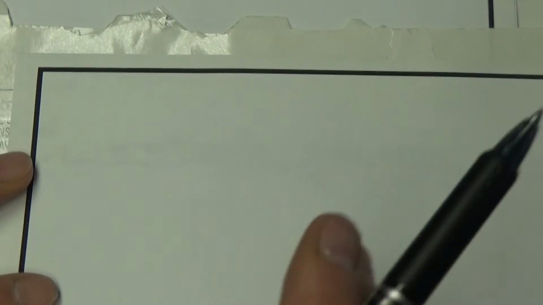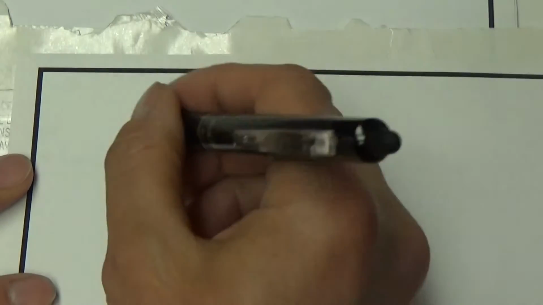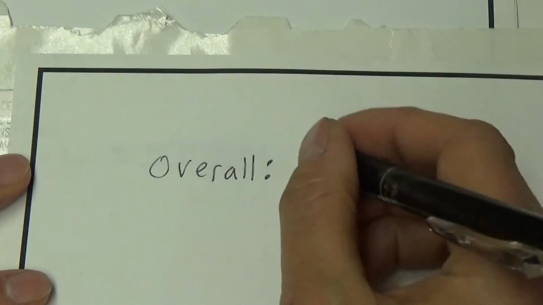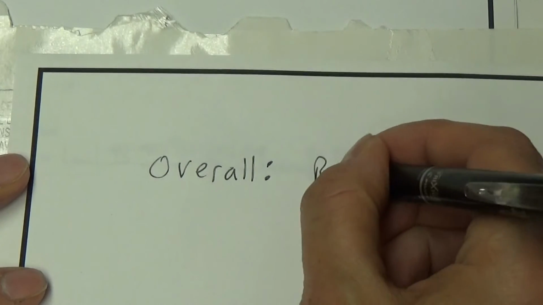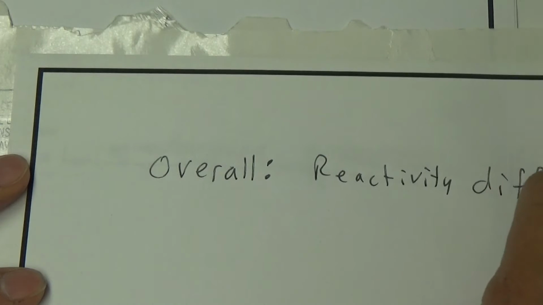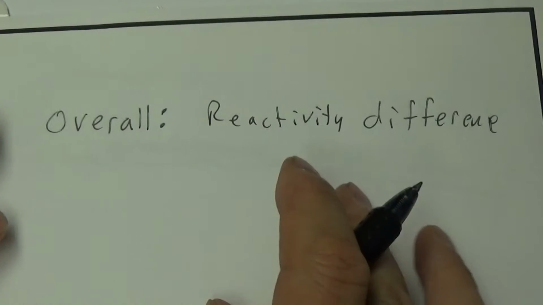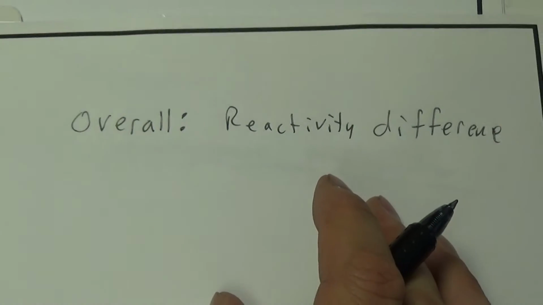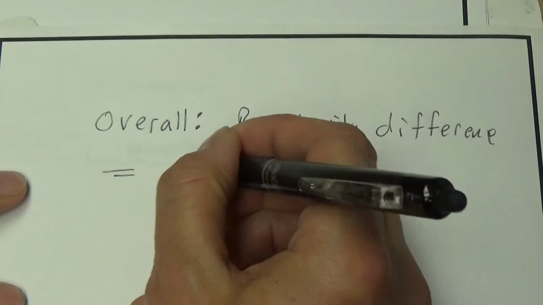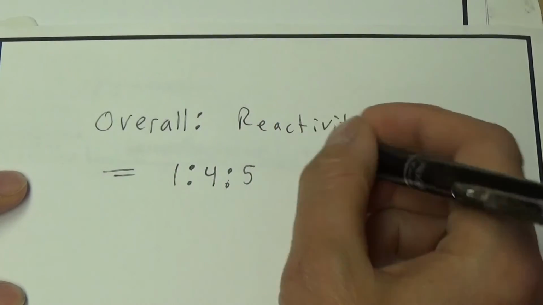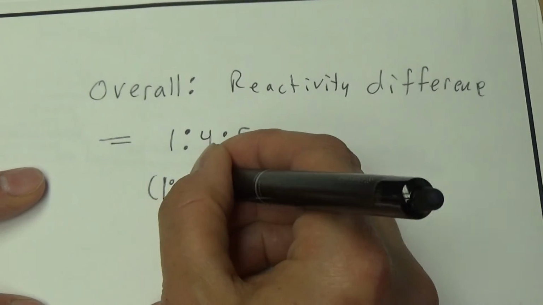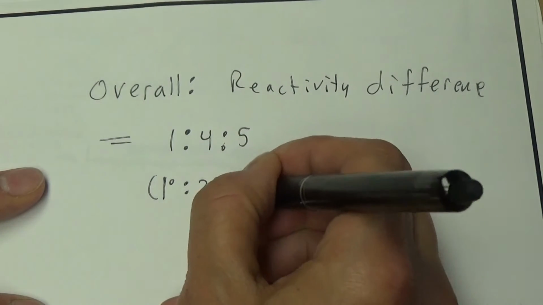Okay, so how do we summarize all those little experiments we just did? We say overall, the reactivity difference is 1 to 4 to 5 for primary to secondary to tertiary.